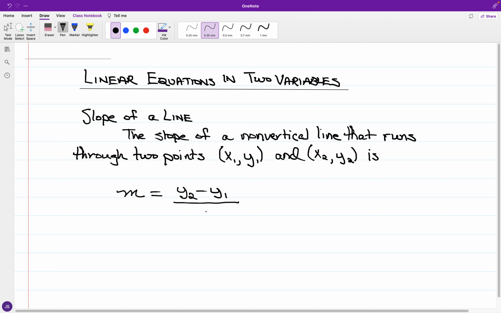We say we have Y2 minus Y1 all over X2 minus X1, and again, you're just looking at the amount of vertical change with respect to the amount of horizontal change.